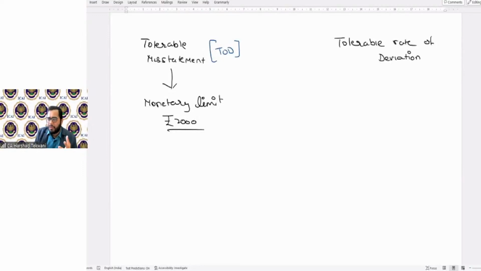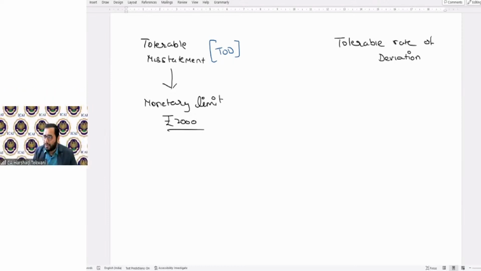There are certain sample formulas that help you derive samples, and they have this tolerable misstatement within that particular population itself. So that was with respect to your sample selection or your tolerable misstatement.